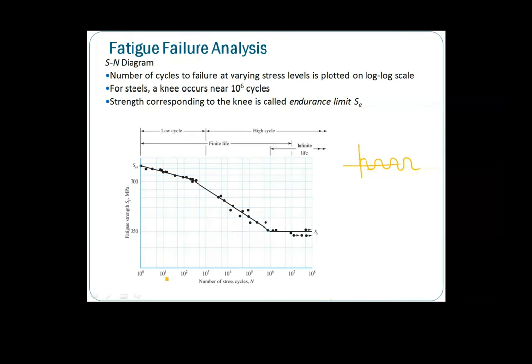Basically it tells you how many cycles that particular material will sustain at different levels of stress. Then it gives us a plot like this.